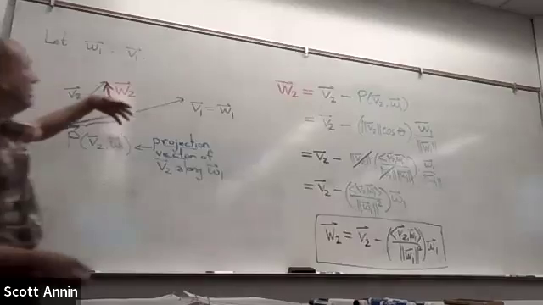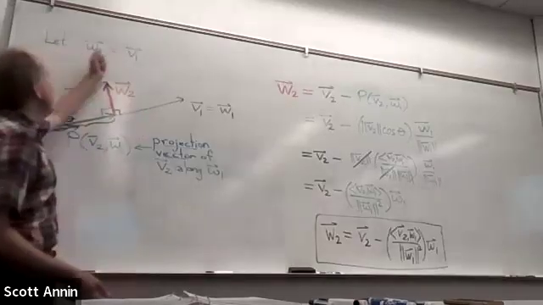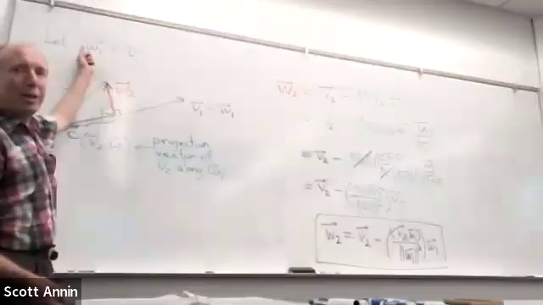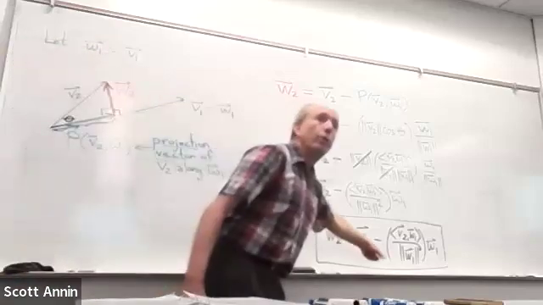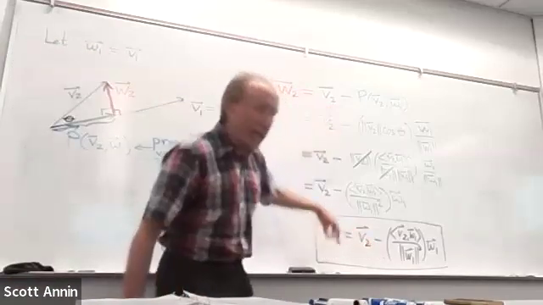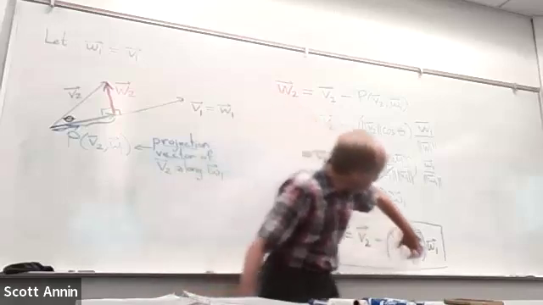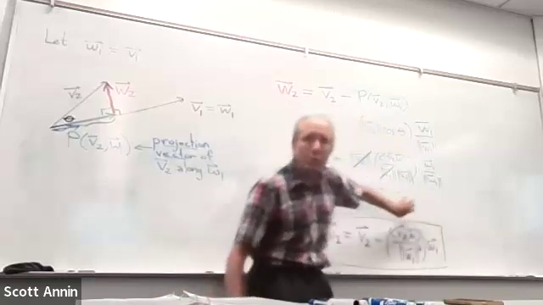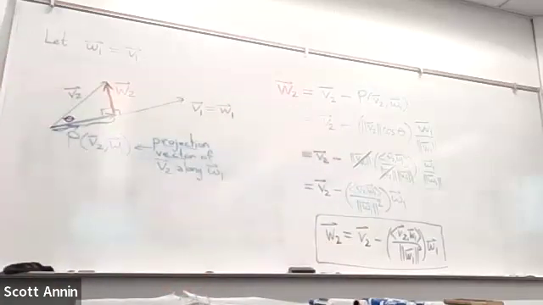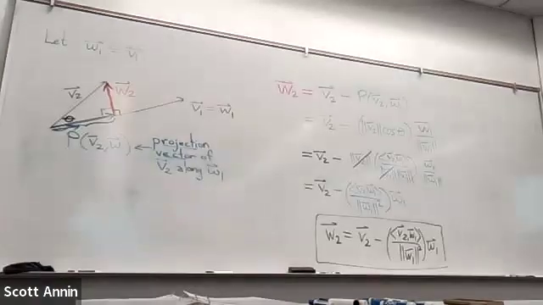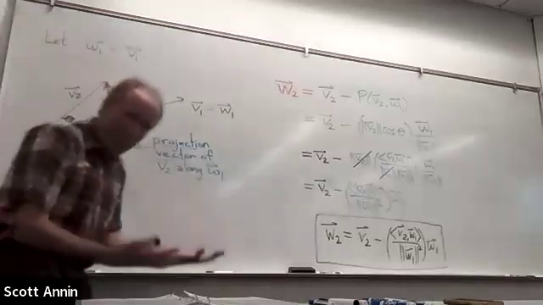So I replace V1 with W1, but that's really nothing, it's the same vector. But I'm now going to replace V2 with W2, which is obtained by taking V2 and subtracting the part of V2 that was kind of parallel to W1. We don't want that. We want to make W2 perpendicular to W1.